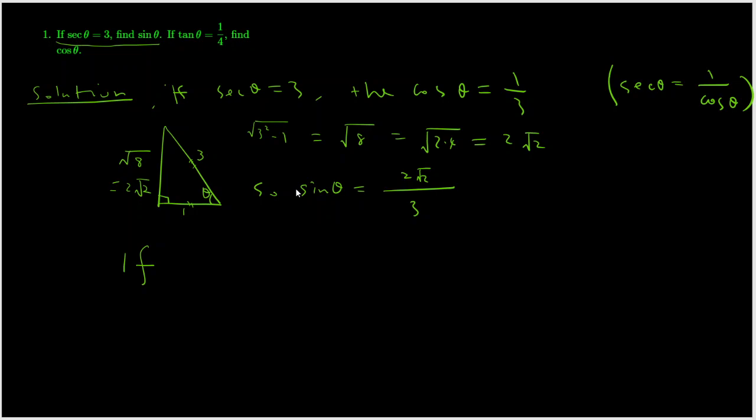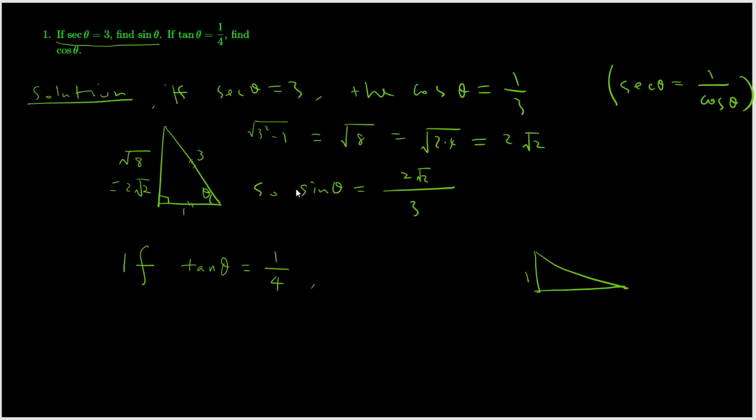The second part of the question is if tan of theta is 1/4. You draw a right triangle in which the opposite is 1.